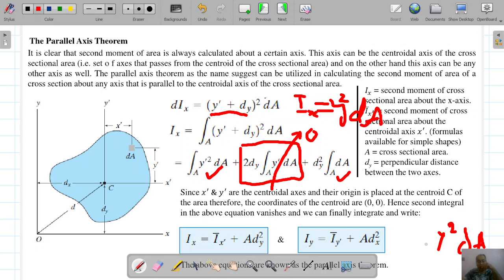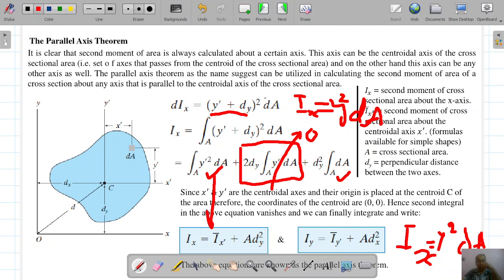What was y square dA? It was Ix. So what will be the value of y' square dA? It will be written as this value.